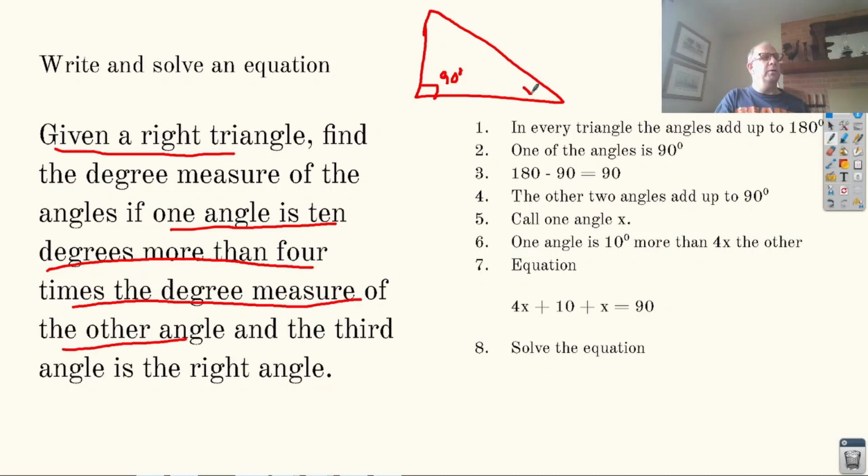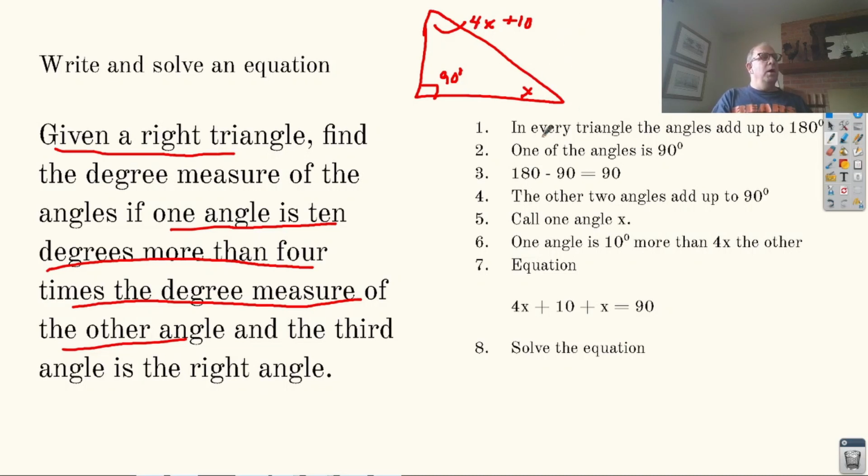The other angle is x. That means this angle is 10 degrees more than 4 times x. So 10 more than is 10 plus 4 times this one, right?